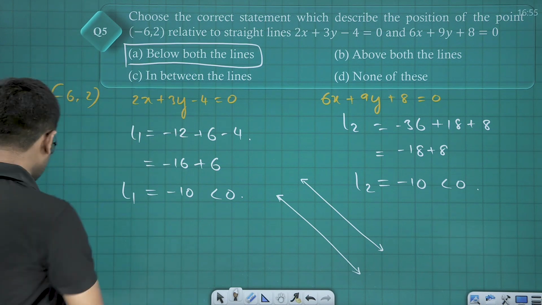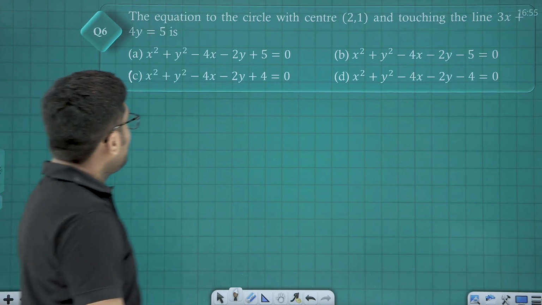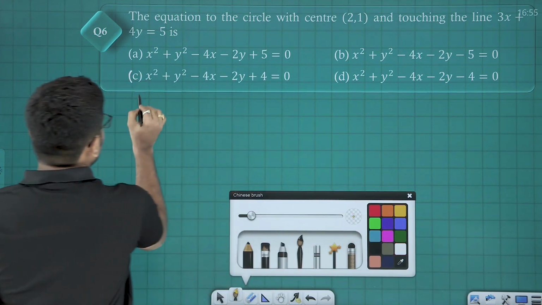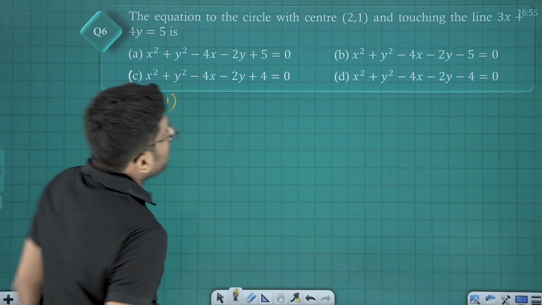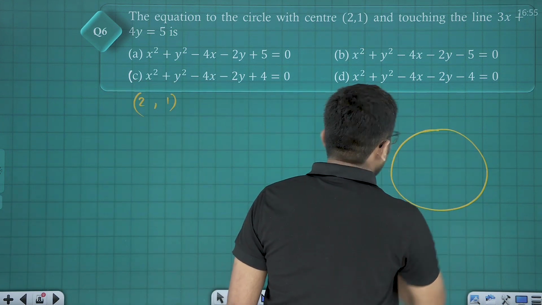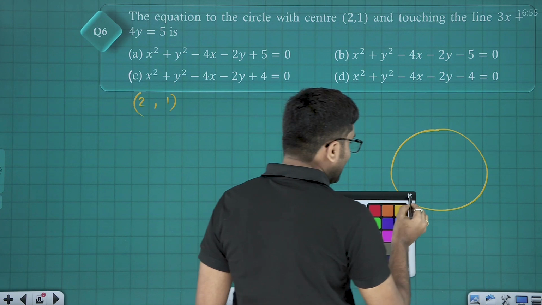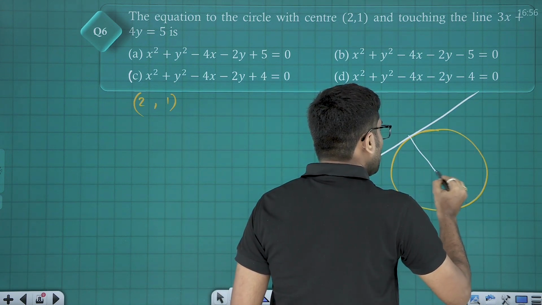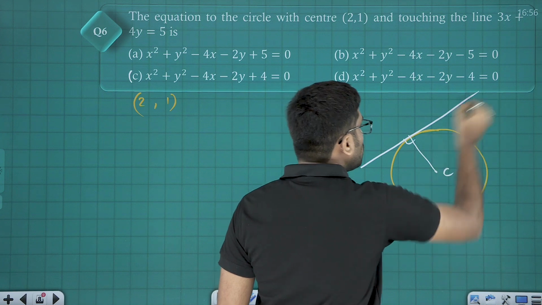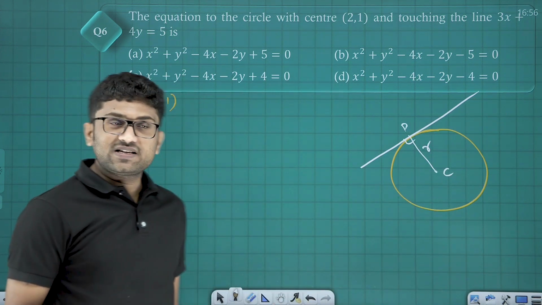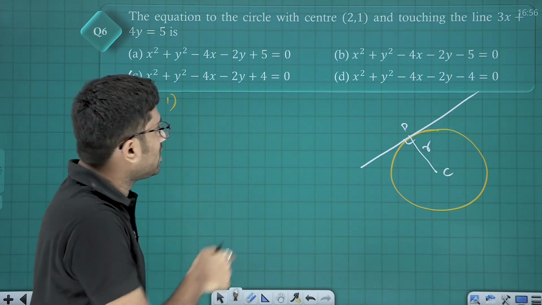Below both the lines. Next, the equation to the circle with center 2 comma 1, center given, and touching the line. If a circle touches a line, then the perpendicular distance from center to this line will be the radius. Radius is nothing but the perpendicular distance from center to that line.